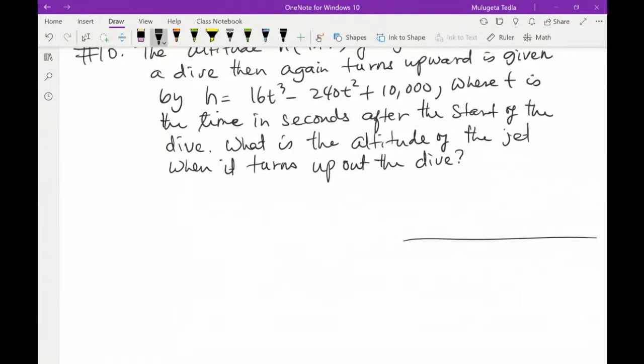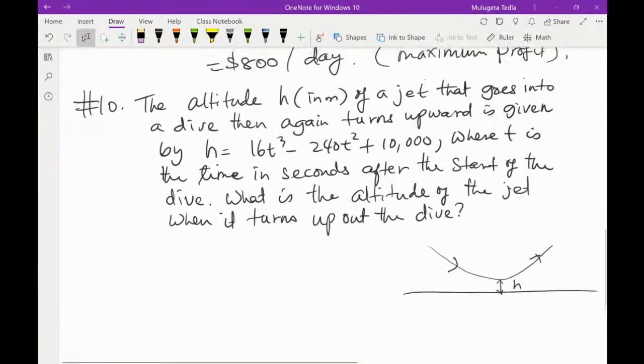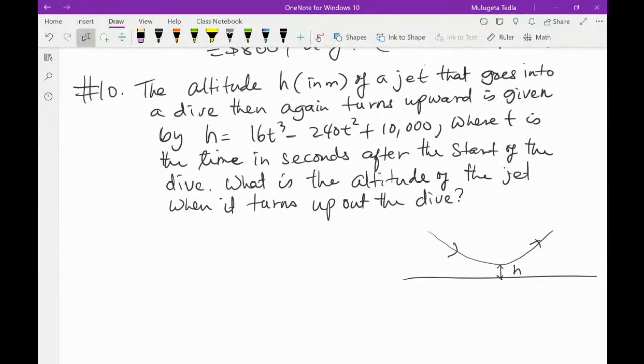So here is the ground. It's like going down like that and going up. So this is, I think, what they want. The relationship between time and h, the height at any point for the jet, is given by this as a solution. This is very important. The relationship between the two variables: h equals 16t cubed minus 240t squared plus 10,000.